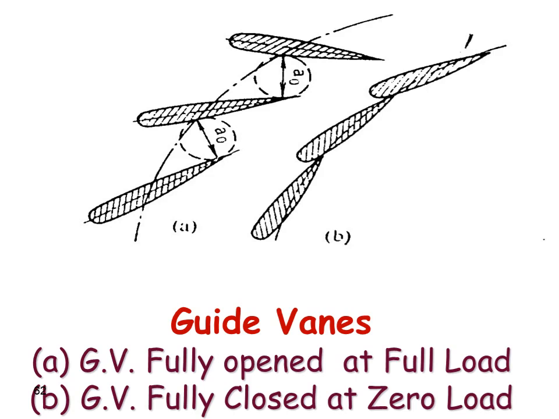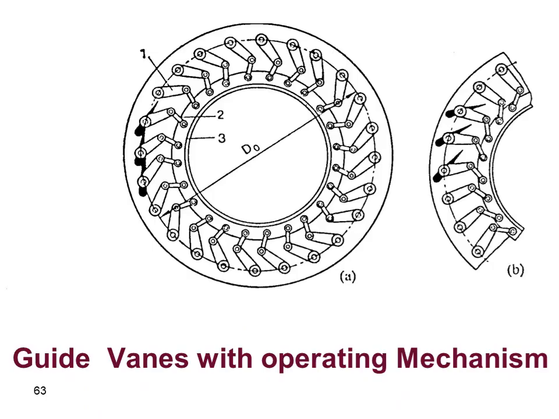Sketch B represents the guide vanes completely closed, which corresponds to zero flow rate to the turbine runner, and there is no power generated, which is suitable for zero load application.